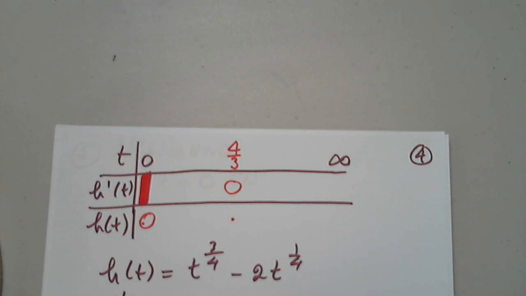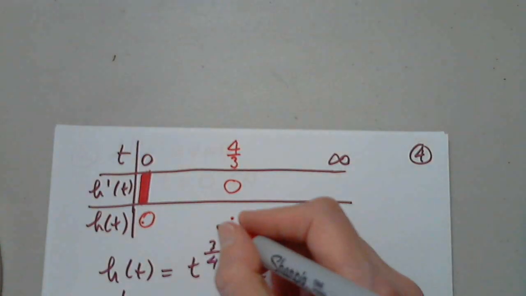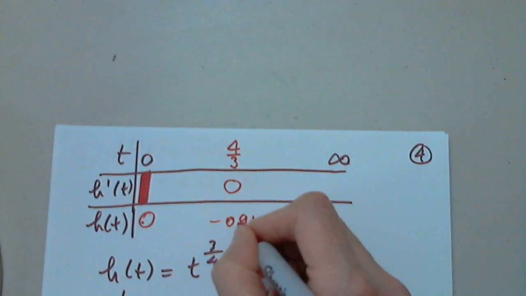Good. All I want to plug in is this ugly number 4/3, and I get approximately negative 0.91.